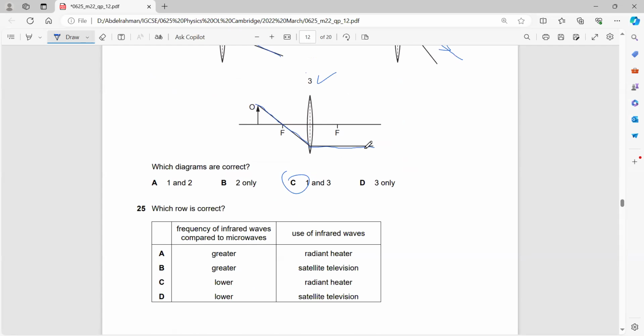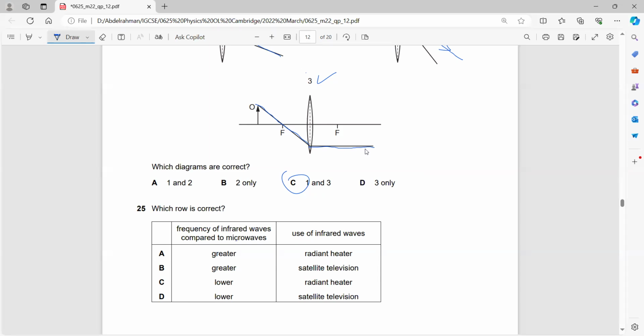Which row is correct? Frequency and uses of infrared rays. When I need to compare the frequency of the infrared waves to the frequency of the microwaves, how can I compare their frequencies? Infrared and microwaves.